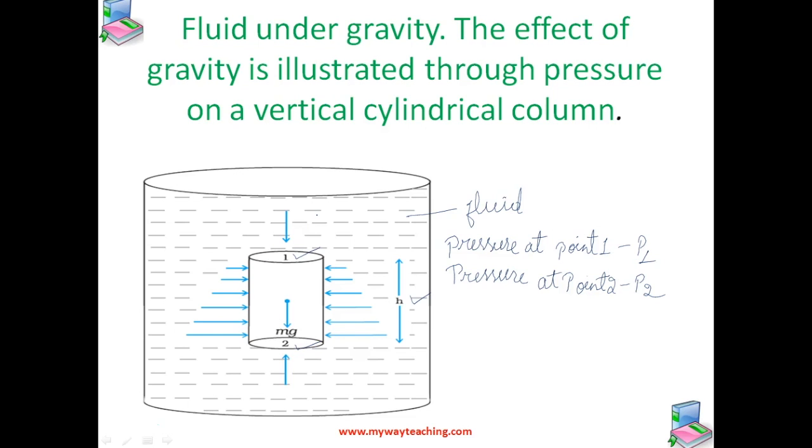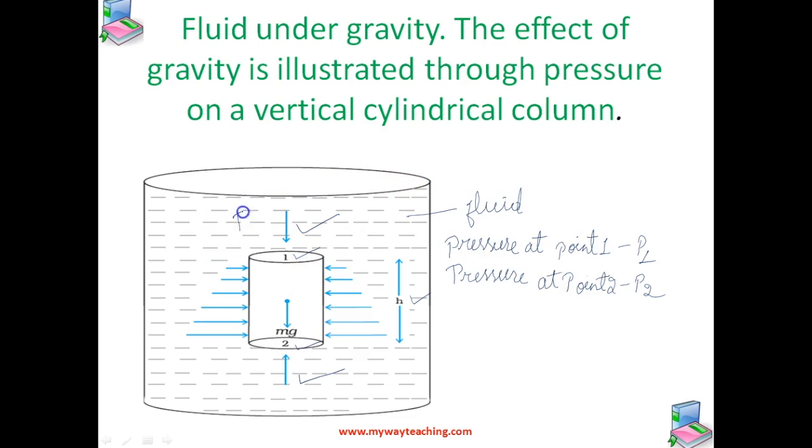The forces acting in the vertical direction are due to the fluid pressure. At the top it is P1 A acting downward, and at the bottom it is P2 A acting upward.